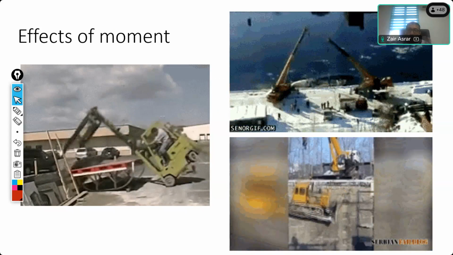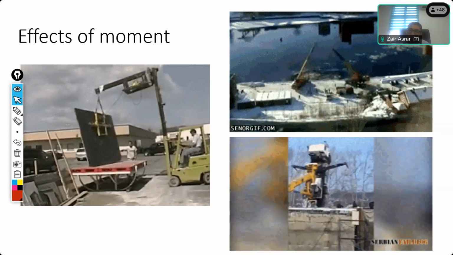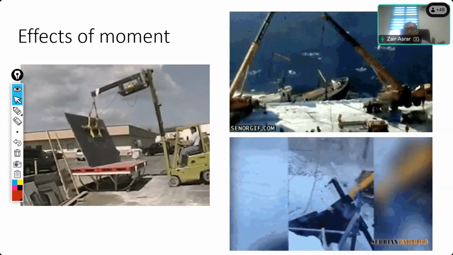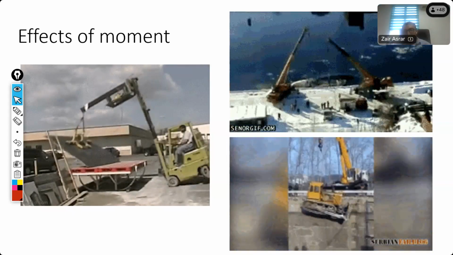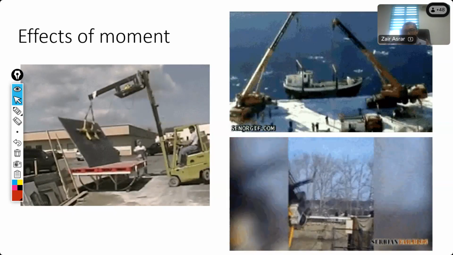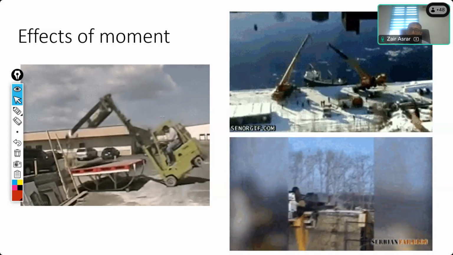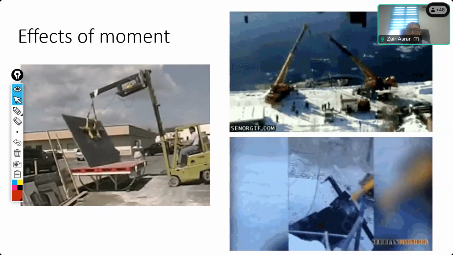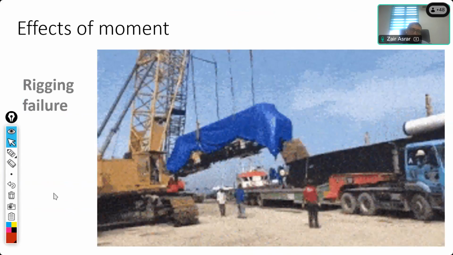And if you look at the types of motion, all of them are rotating as they move. So this indicates that we have moment acting on the body, or on the machine. This effect is pretty serious, especially in the industry.